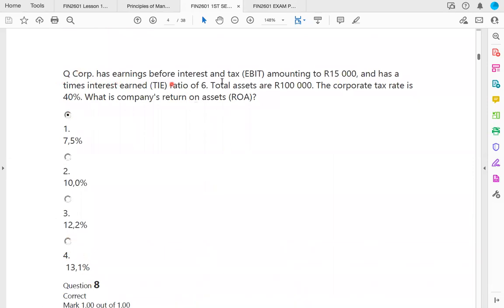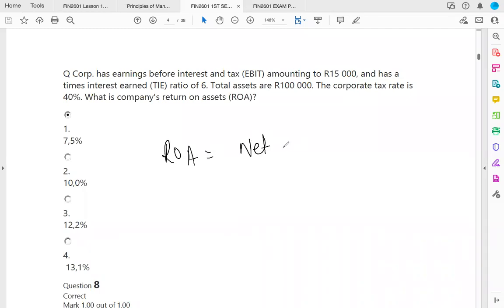Q Corp has earnings before interest and tax amounting to 15,000 Rand, and has a times interest earned ratio of 6. Total assets are 100,000. The corporate tax rate is 40%. What is the company's return on assets? Again, our starting point, we write out the ratio for whatever we're trying to find.